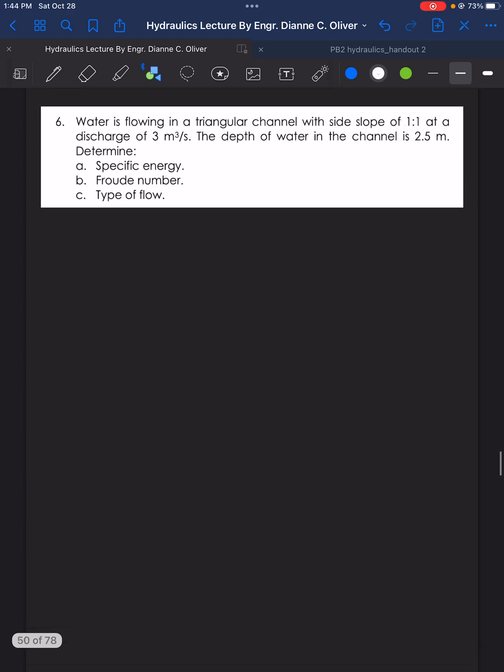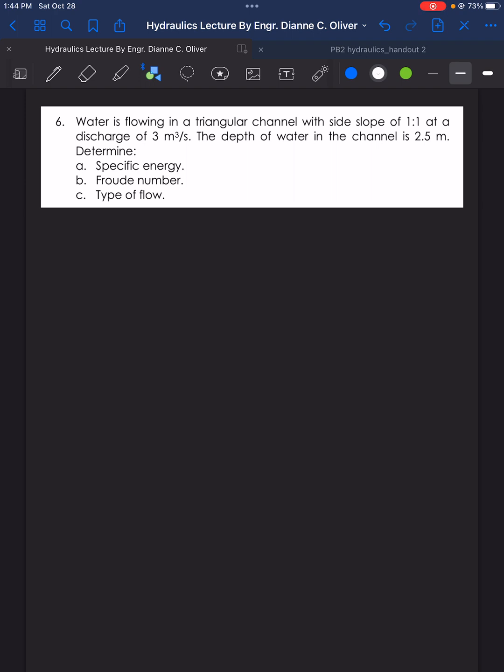Now let's go to example number 6. Water is flowing in a triangular channel with side slope of 1:1 at a discharge of 3 cubic meter per second. The depth of water in the channel is 2.5 meters. Determine letter A, the specific energy, B, the Froude number, and C, the type of flow.